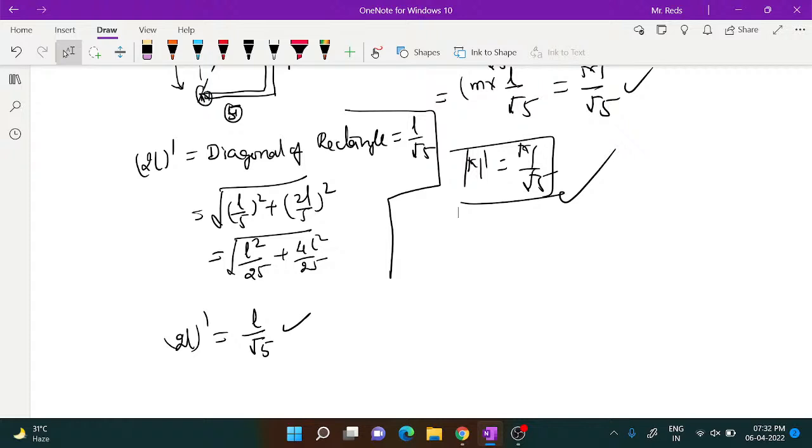How many numericals? Final answer should be put in a box every time. Okay? Final answer should be put in a box. Very good.